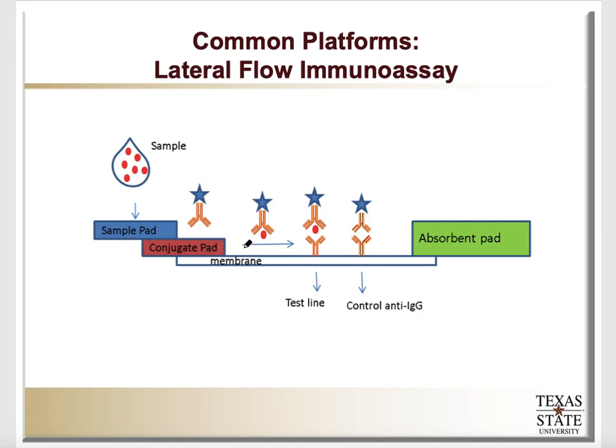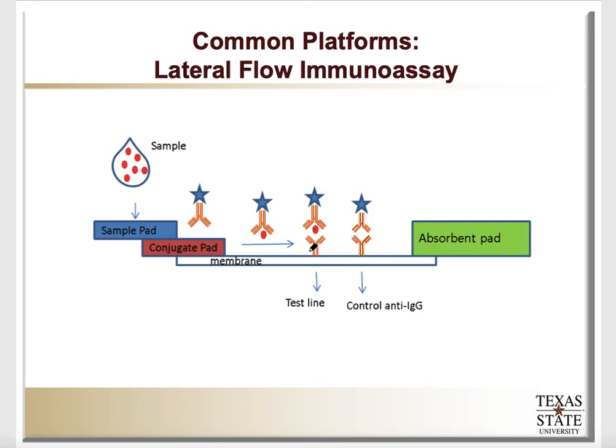And they're going to travel together. Once they get to the test line, now that antigen is going to be captured by the test antibody here. And you're going to end up with a signal here. And that signal is typically a chromophore, a color that you can see with your eyes.